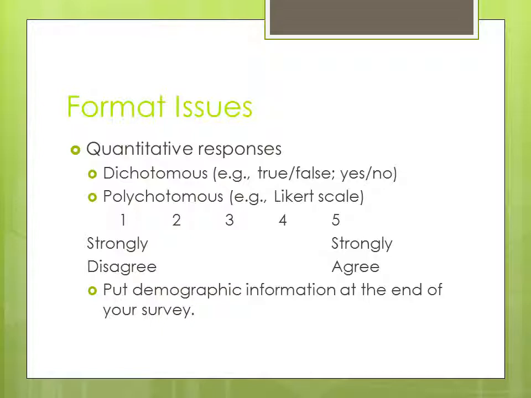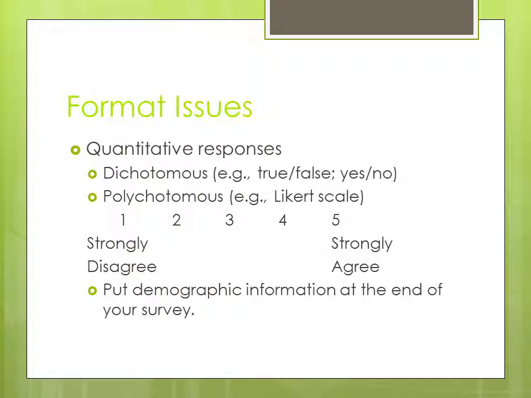There's format issues as well. Do you want to have quantitative responses, dichotomous type, true or false, yes or no types of responses, or polychotomous, where the classic is the Likert scale, strongly disagree to strongly agree? I'm certain you've seen those scales quite often. So Likert scales are what are used most often for this.